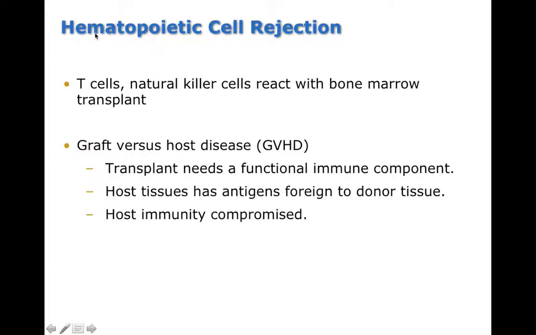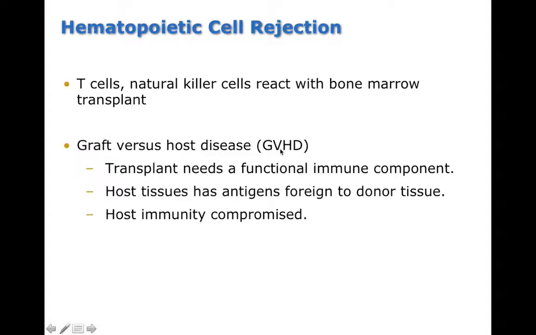Now, with hematopoietic cell rejection, we're talking about bone marrow transplants, right? So what happens here is that the T cells that come from the bone marrow can react with a transplant. And this can lead to what we call graft versus host disease.